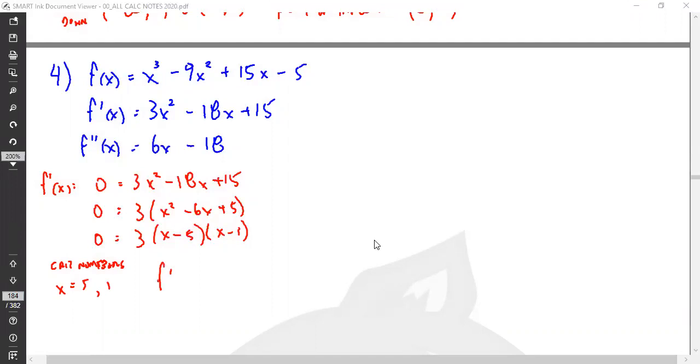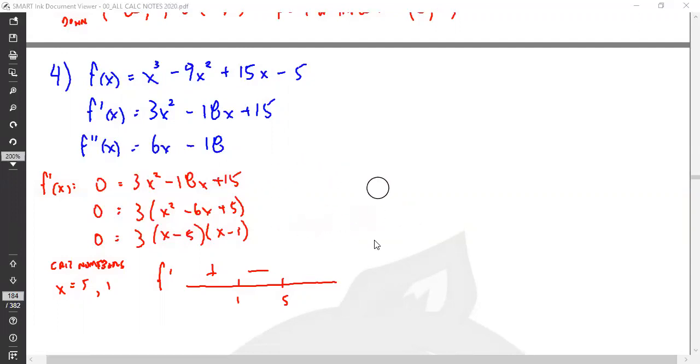We have f prime number line looks like this. Here's 1, here's 5. So when x is 0, even just looking at this, it's positive, 15 makes this positive. Between 1 and 5, so when x is 2, we get 3, 2 minus 5 is negative, 2 minus 1 is positive, and it's a product of those things.